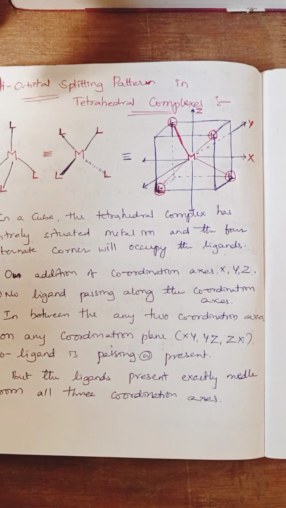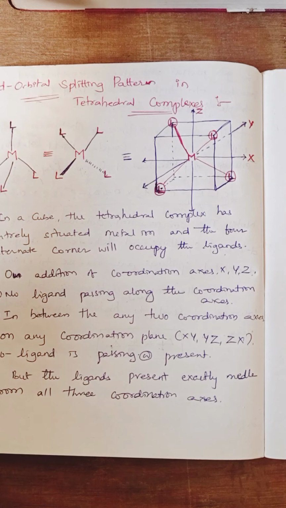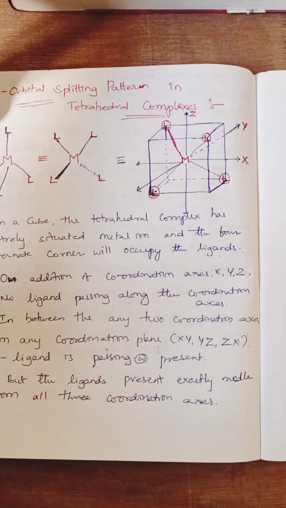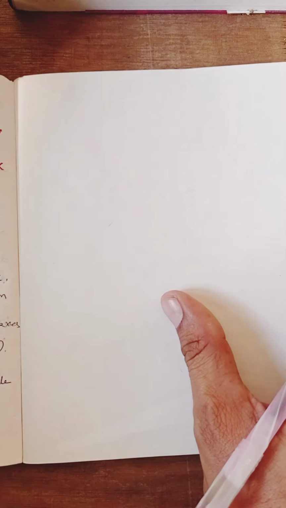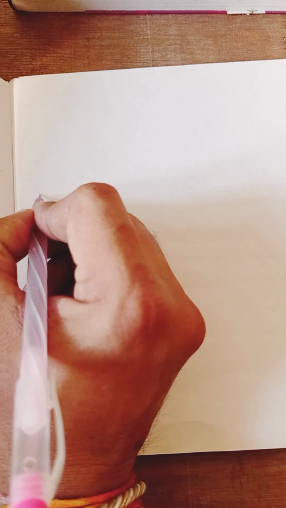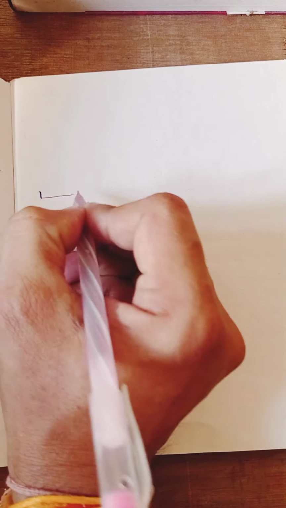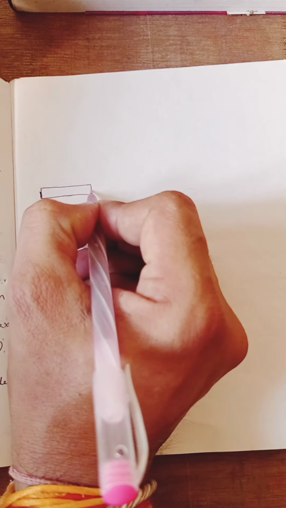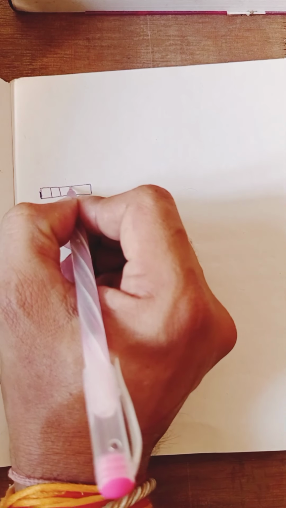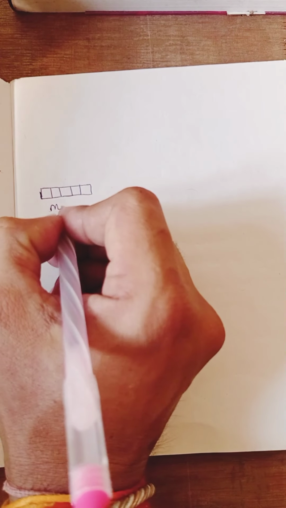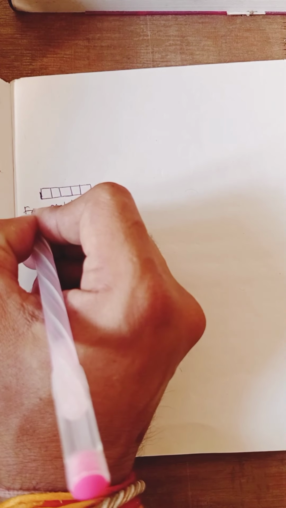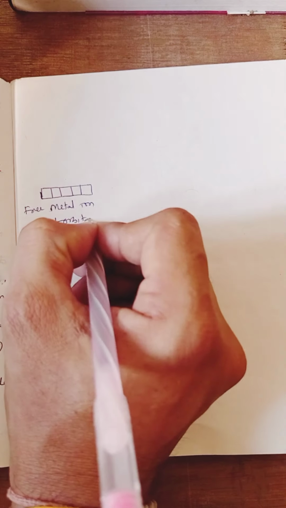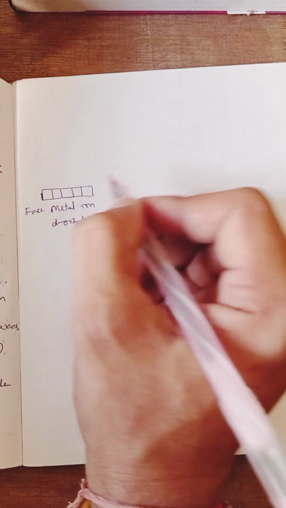How do they affect the valence d orbitals in the metal ion when we consider that, right? Initially, without interaction of ligands, which means in the free metal state, all the d orbitals will be in a lower energy state.